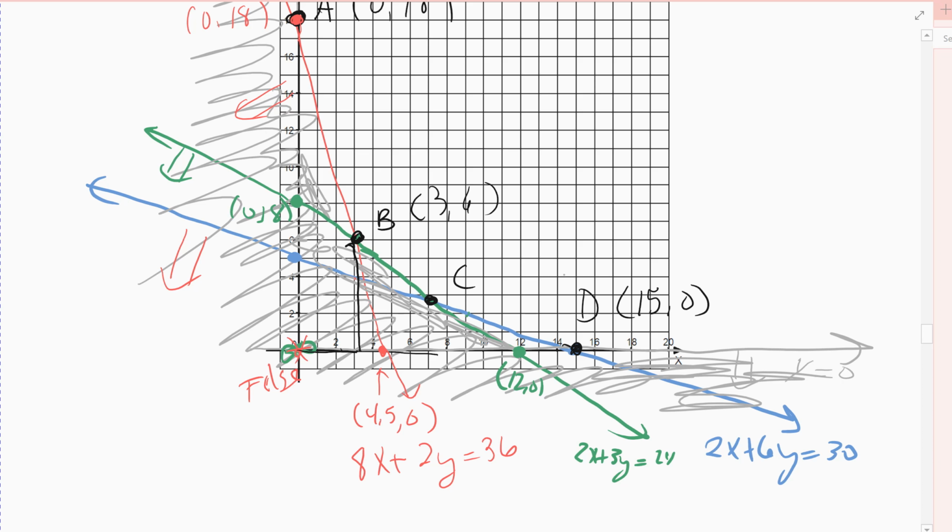I did a very poor job of graphing both of those lines. So C is kind of unknown right now. I'll have to figure out where the green line and the blue line meet when I go to find C. I think I just did a horrible job of graphing, because it doesn't look like it's even in the ballpark of where I think it should be.